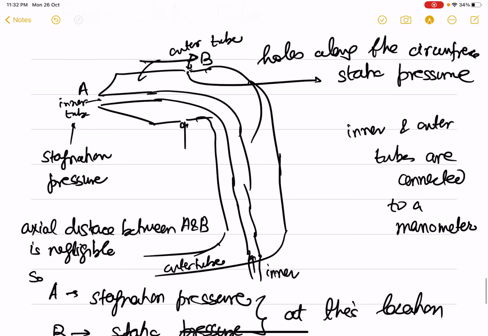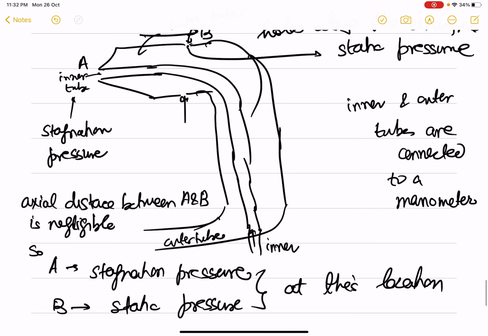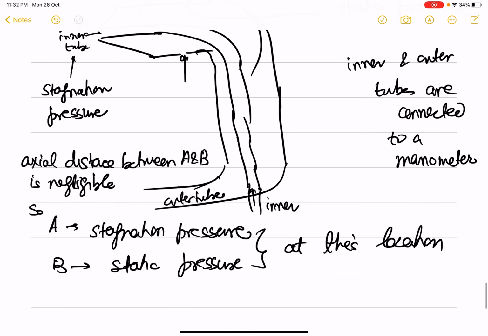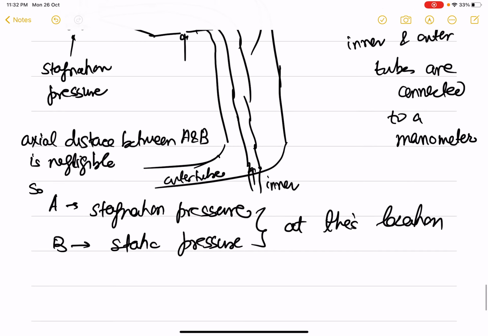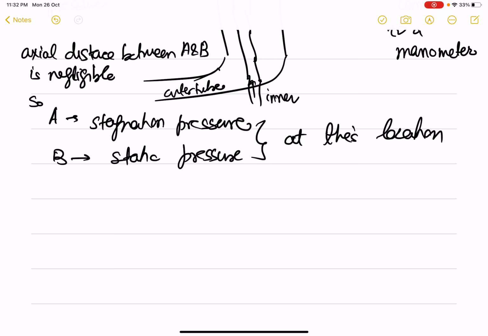So obviously there is a small error because A and B are not at the same location, but this is very small compared to the axial dimension of the flow. The difference of these two will give us the dynamic pressure, and B will give us the static pressure. So this is how we can measure static pressure and stagnation pressure together at one location. And for a better figure, you can refer to the figure given.